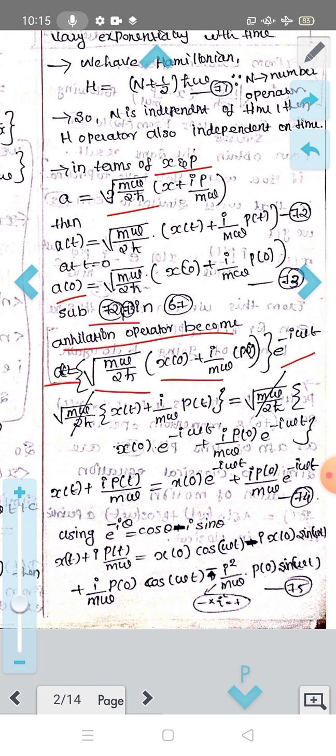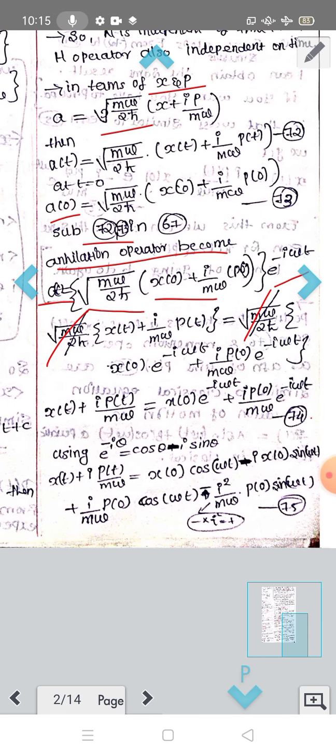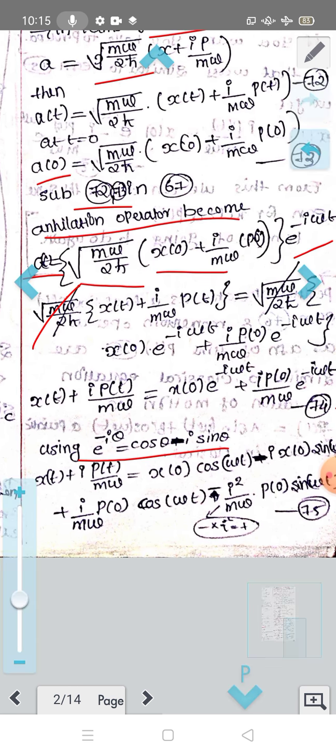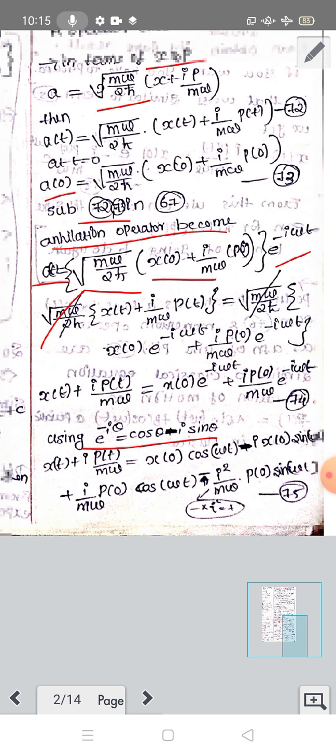Here on both sides these are cancelled. So we get x of t plus I p of t by m omega equal to x of 0 into e raised to minus I omega t plus I p of 0 by m omega into e raised to minus I omega t. Put it as equation number 74. Here we can use the relation e raised to minus I theta equal to cos theta minus I sin theta.